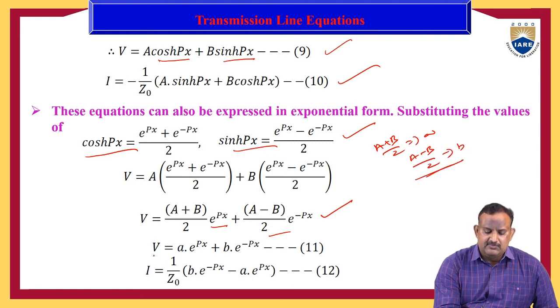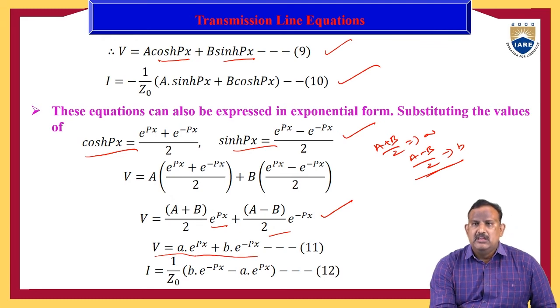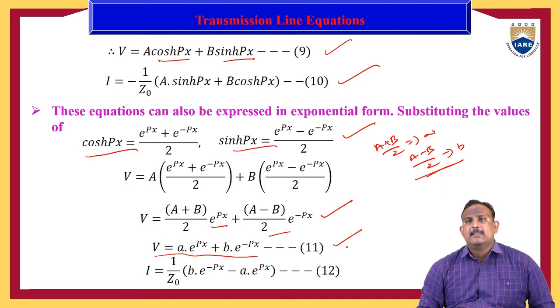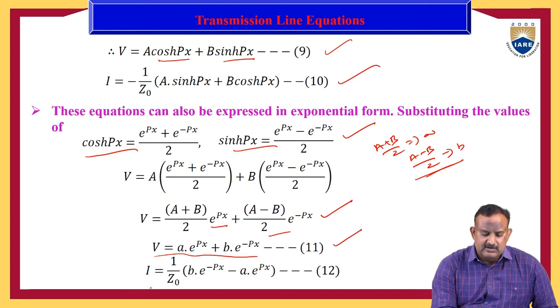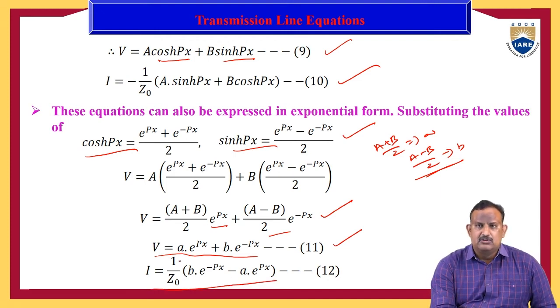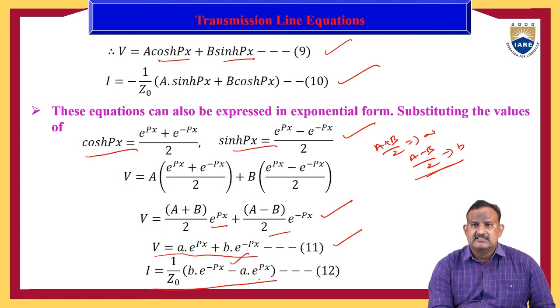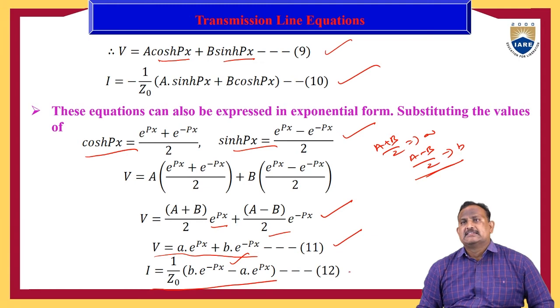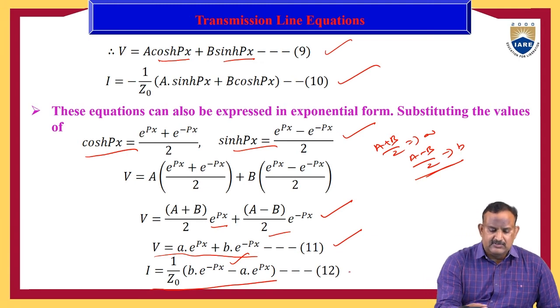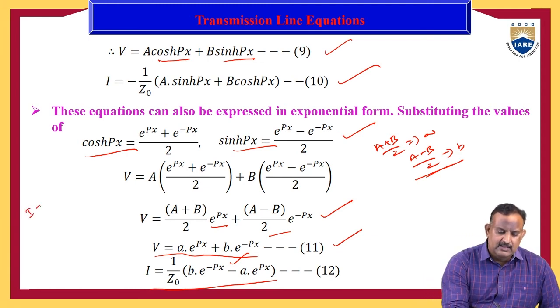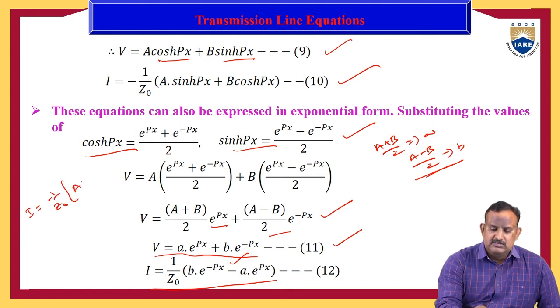Therefore, the equation can be modified as V is equal to a into e power px plus b into e power minus px. And the current equation can be reduced to I is equal to 1 by Z naught into (b into e power minus px minus a into e power px). In a similar fashion, we can substitute here also.